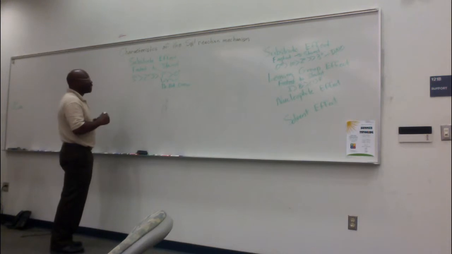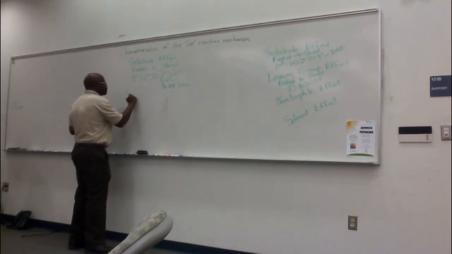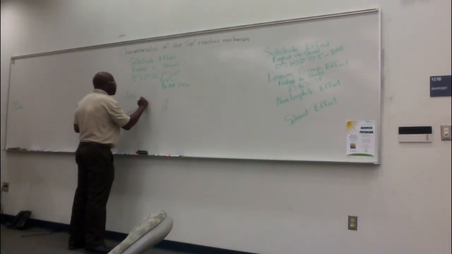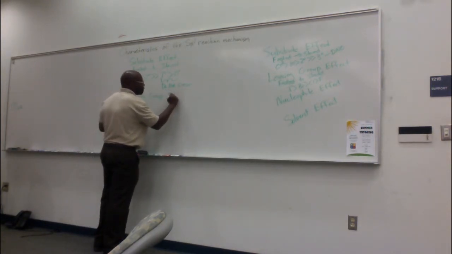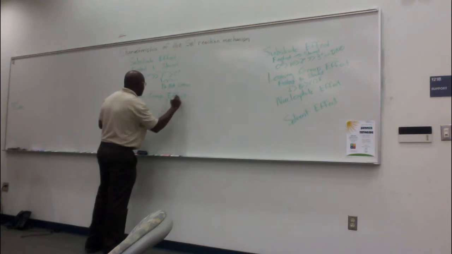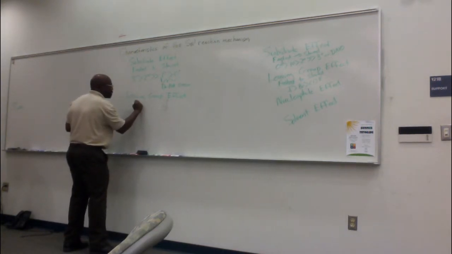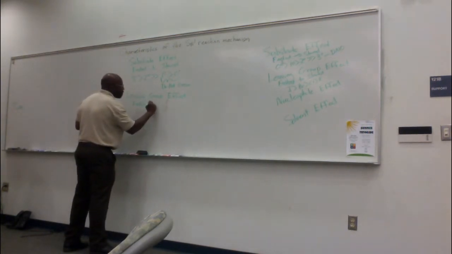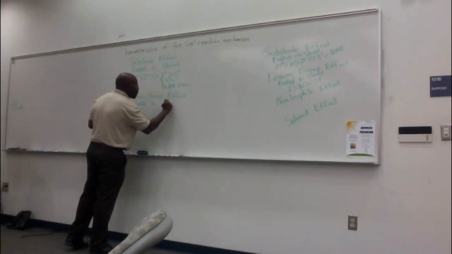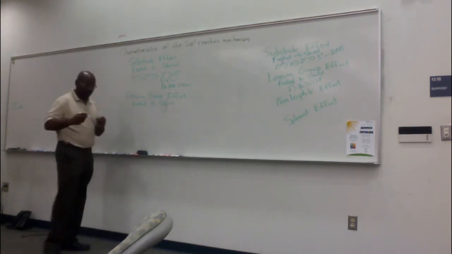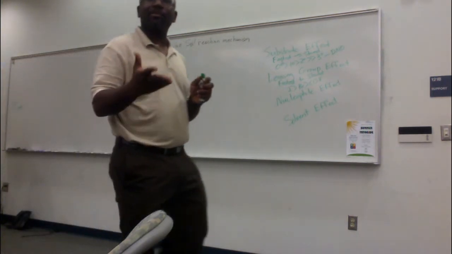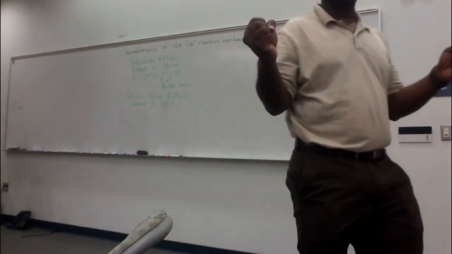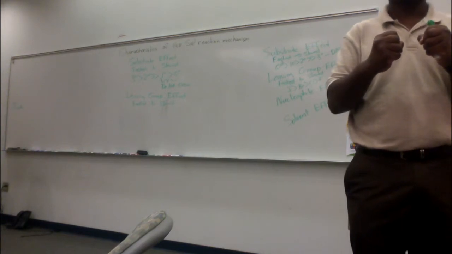Next, we're looking for the leaving group effect, fastest to slowest. Similar to the Sn2 reaction, the Sn1 reaction also depends upon how strong the carbon halide bond will be.